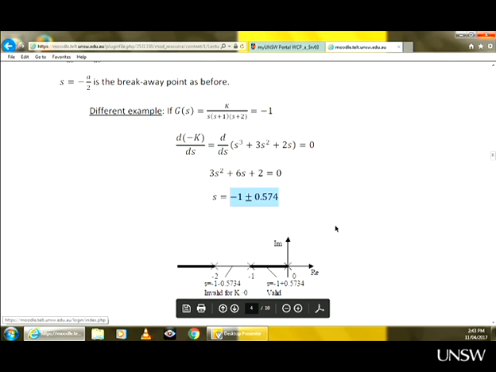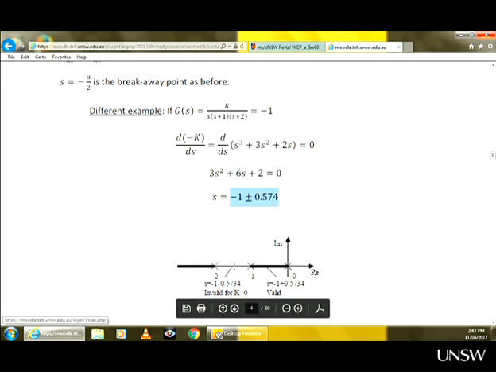About 0.4 something. So it is somewhere here, which is logical. You only have a breakaway point if there is a root locus there. So this is the right solution. Taking the other one, minus 1 minus 0.57 will give us a point somewhere here.